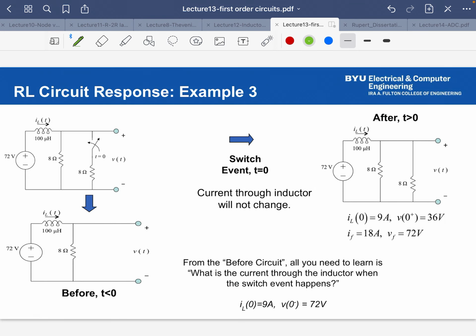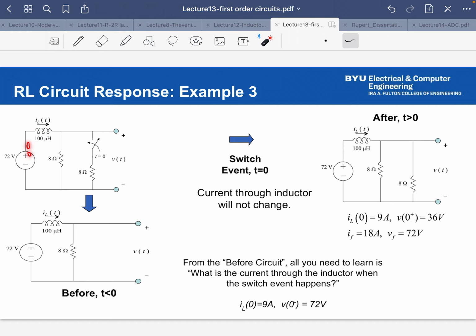Here's example 3. In this particular case, again, the switch closes at time t equal to 0. Before time t equals 0, we assume that the circuit's been doing its thing for a long period of time. After a long period of time, this inductor essentially acts like a wire because there's no change in the current.